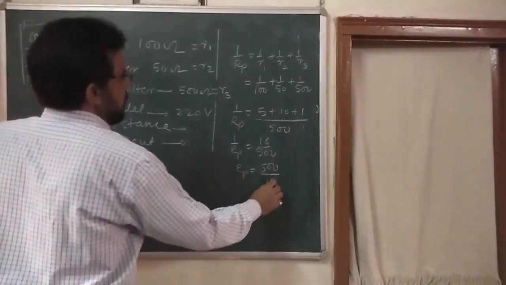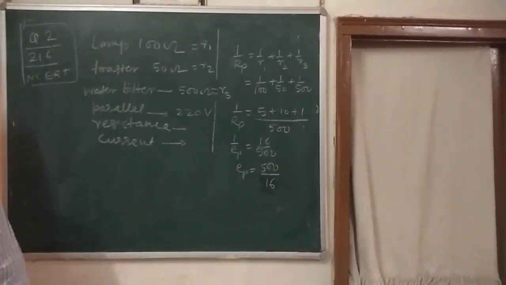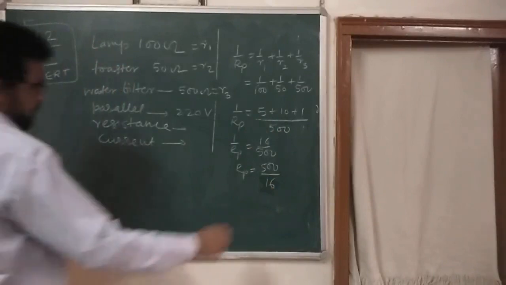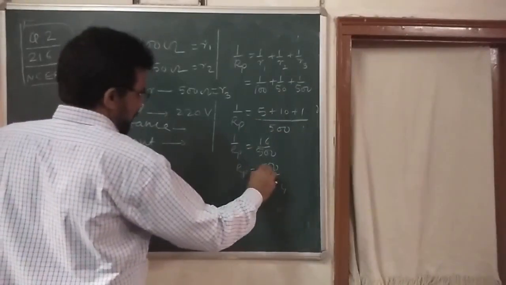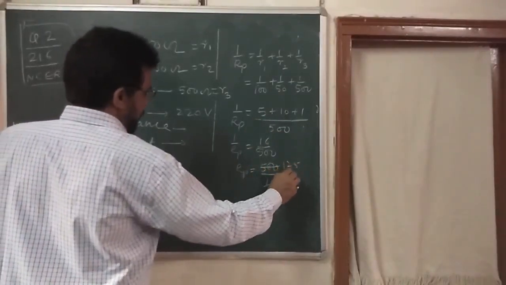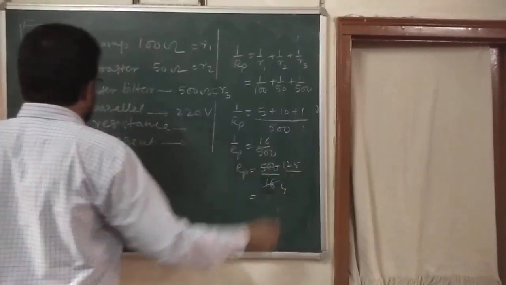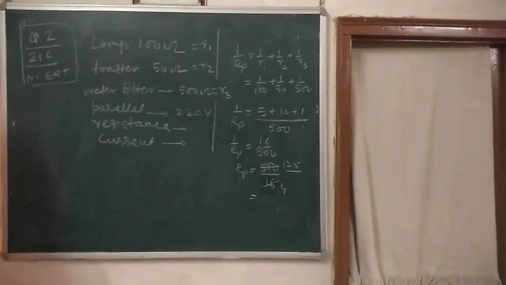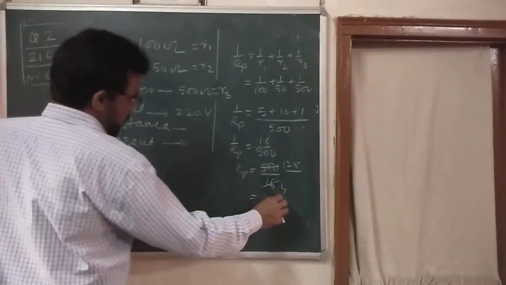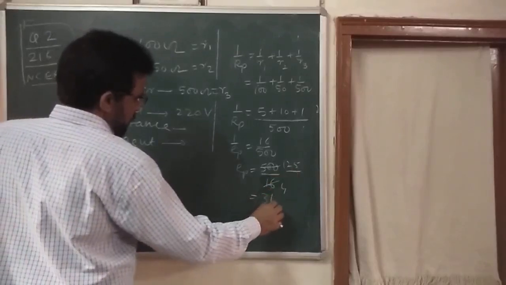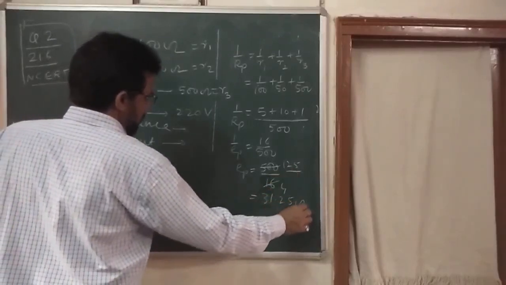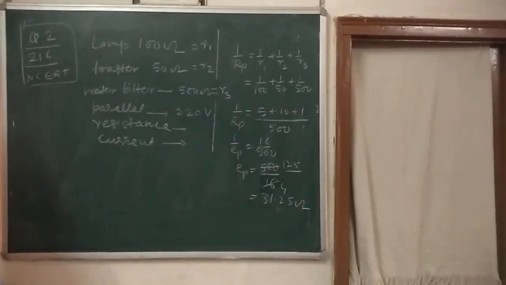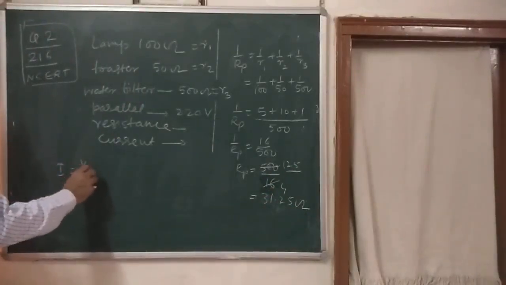Sorry, here is 16. Then solve it. 4 4 here and then 125. 125 by 4. That is nearly about 31.25 ohm. This is the resistance here. Now what will be the current here? I is equal to V upon Rp.